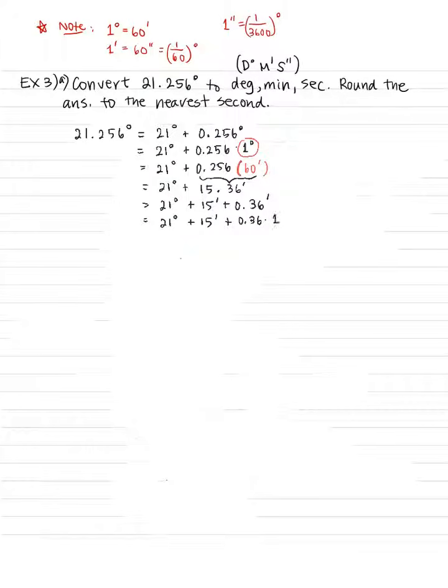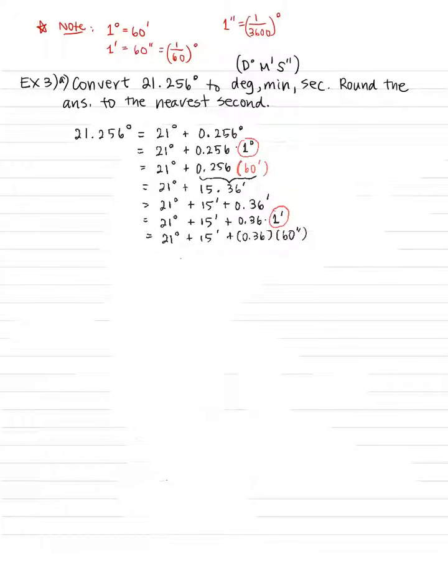0.36 times 1 minute. So now we're going to look at the note above in red, and I'm going to circle what we need to convert. 1 minute is 60 seconds. So let's use that information. So we're going to have 21 degrees plus 15 minutes, and then plus 0.36, multiplying here by 60 seconds.